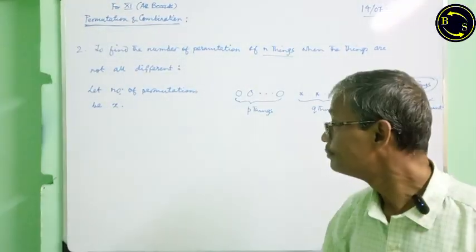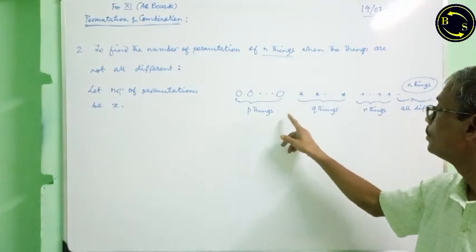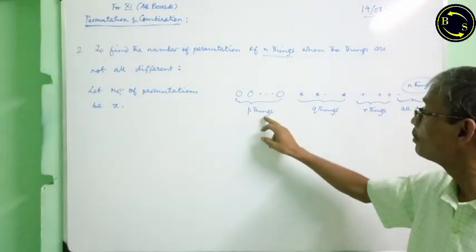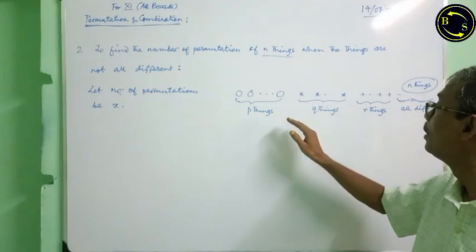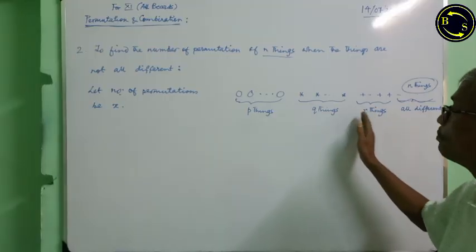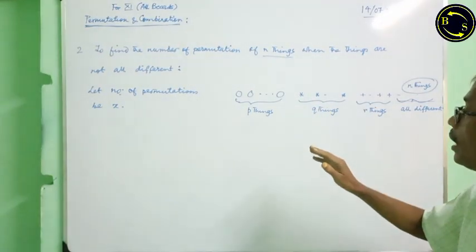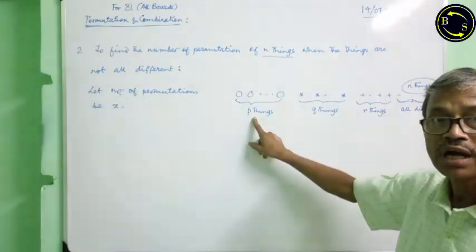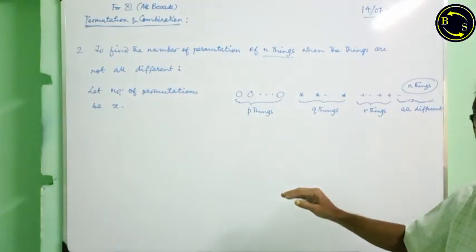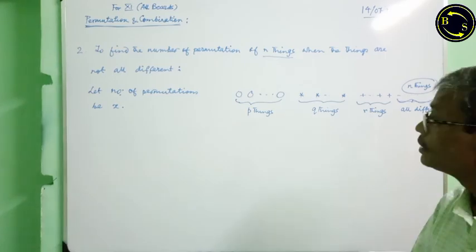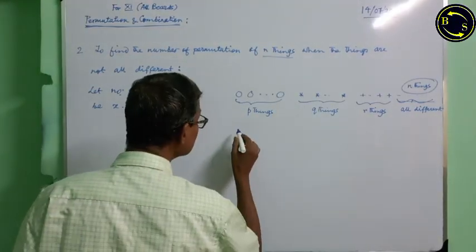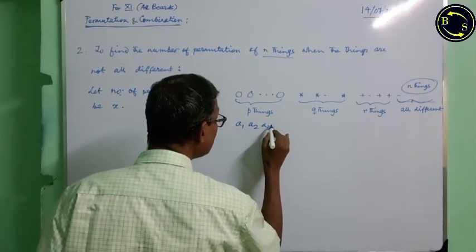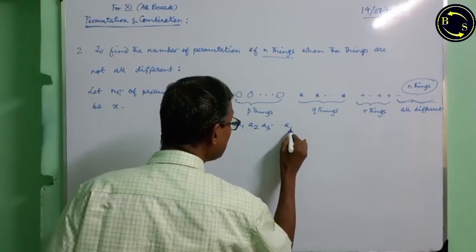Now listen carefully. These three kinds of things of particular kinds, we replace those. How? First, p things of same kind are replaced by different p things. Say things be like this: a1, a2, a3, ap.